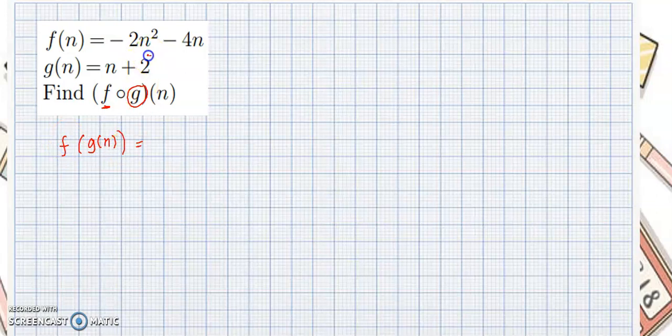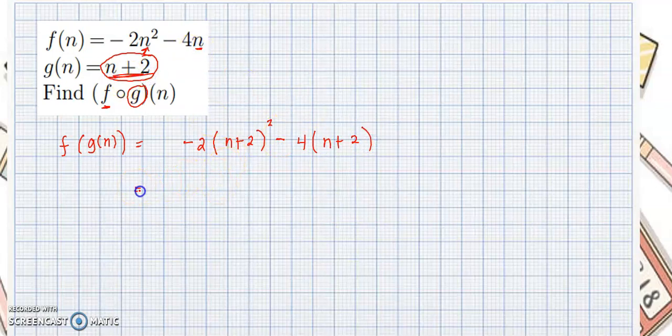In here, this whole function will be inserted into n. So this would be -2 multiplied by n plus 2, which is your g of n, raised to 2, minus 4 times n plus 2, because n would be n plus 2 instead.